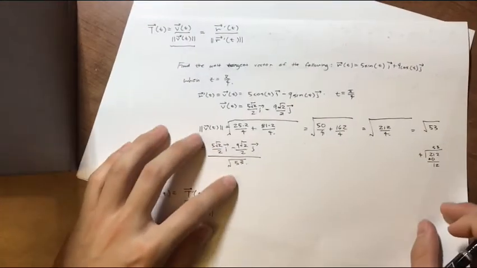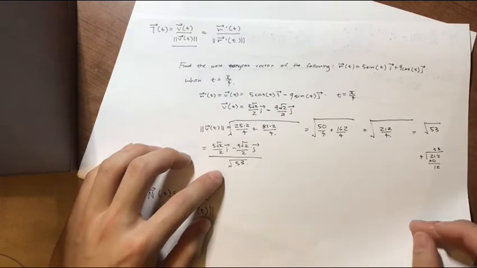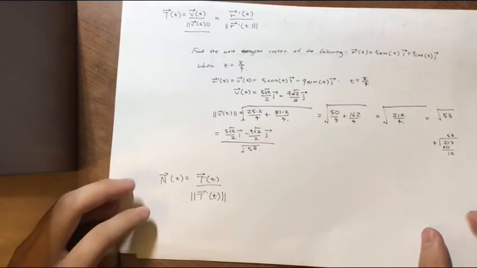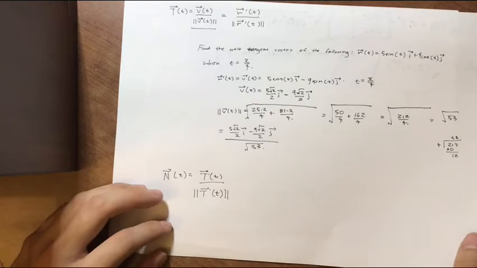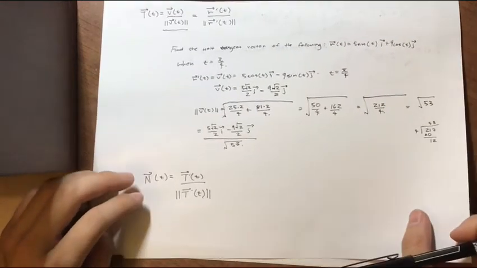Recall that we already found the tangent vector in our last example, and since we're using the same position vector, we could just write it out here.